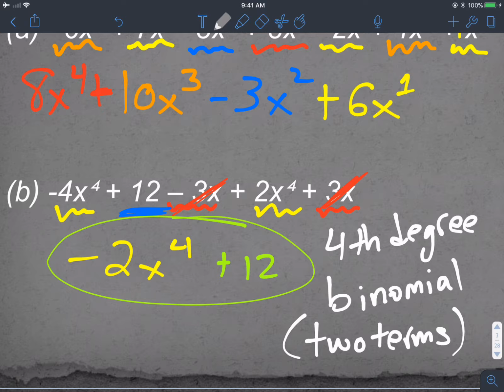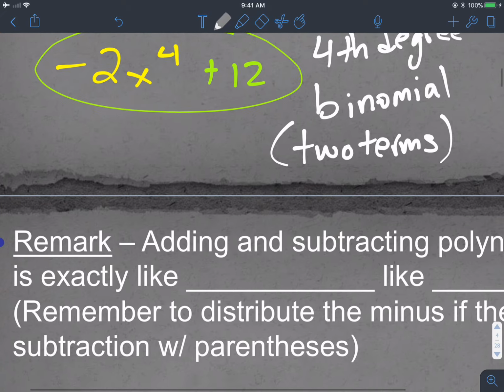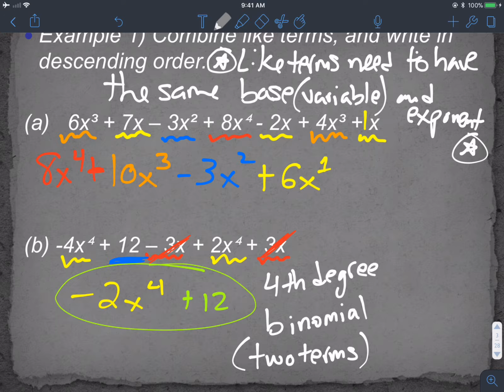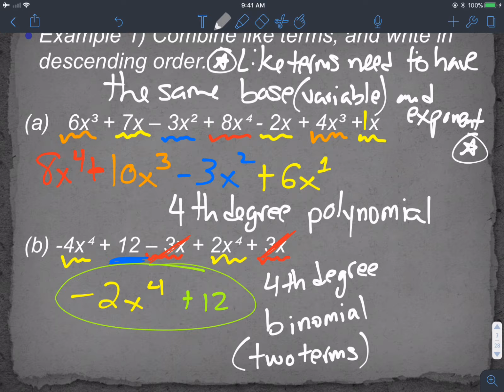Monomial, binomial like a bicycle, 2 wheels. So binomial is 2 terms. Trinomial is 3, and then anything else is poly. Okay, so that one is obviously just poly. 4th degree polynomial. Can't count, obviously. Okay?